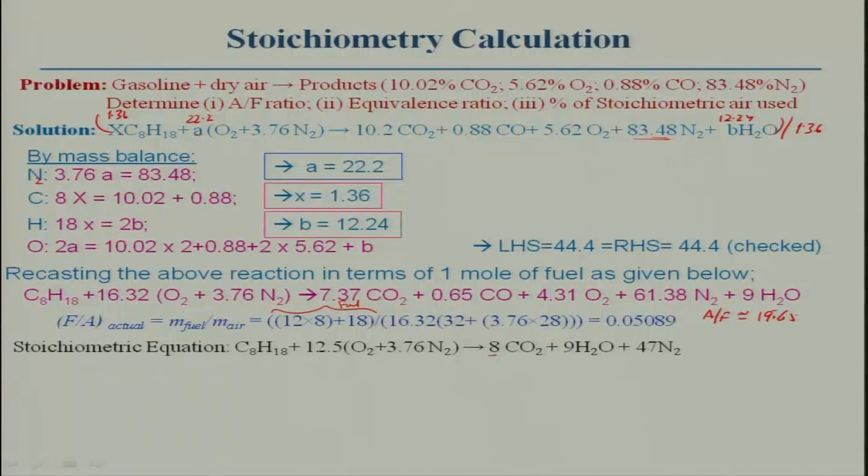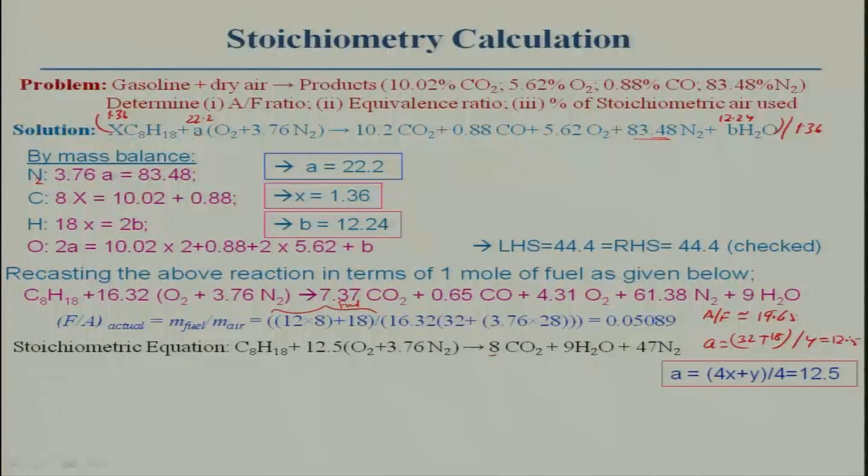How will I know this? If you look at the formula we have used, A is equal to 4x plus y divided by 4, and x in this case is 8. So 4 into 8 will be 32, plus y, which is 18, divided by 4. 32 plus 18 is 50, and 50 divided by 4 is nothing but your 12.5.